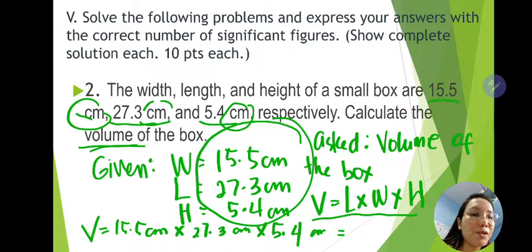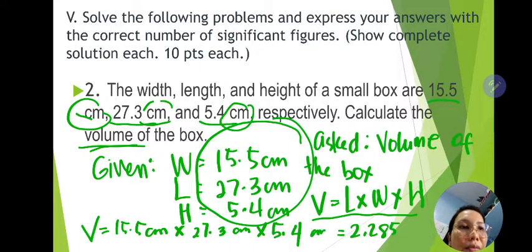So, that will give us 2,285.0. So, kung 0 na yung ano natin, it's okay na round off na lang natin siya to 2,285.